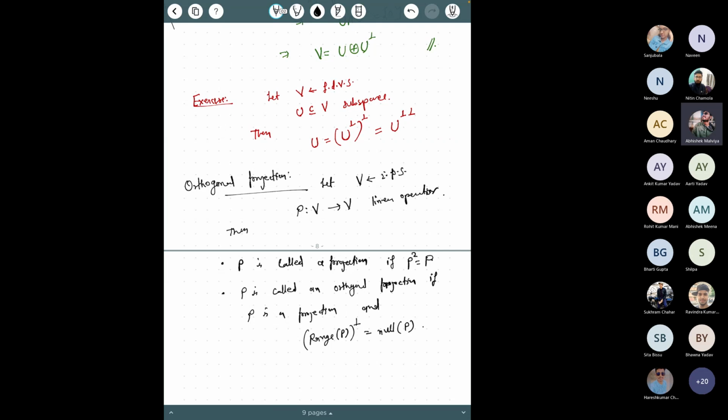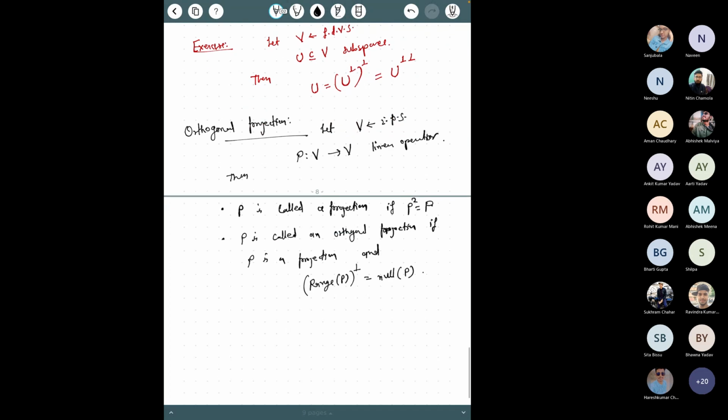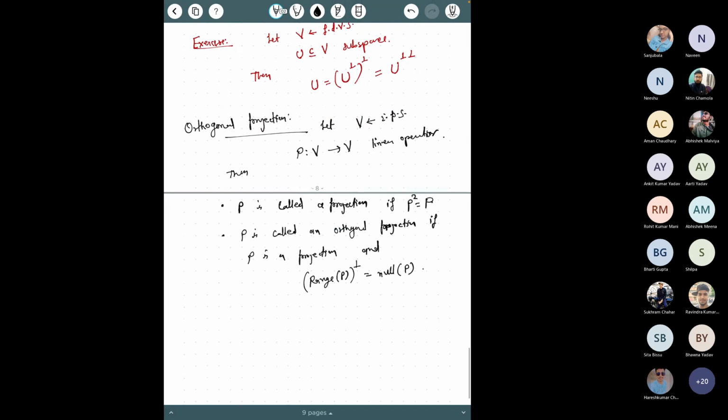But there are projections which are not necessarily orthogonal projections. In orthogonal projection we are basically projecting the vectors on a perpendicular space. Perpendicular means a space which is making a 90-degree angle, roughly, vaguely we can say in this way.